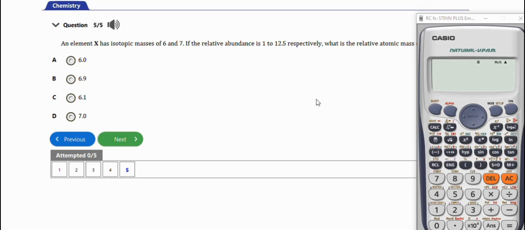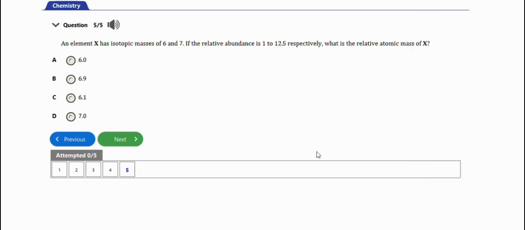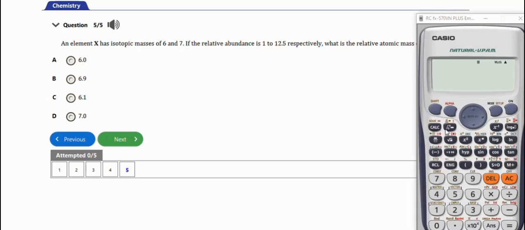So let's get the sum of this relative abundance. 1 plus 12.5 gives 13.5. Now to get the relative atomic mass of X, it will be in fraction 1 over 13.5, remember we got the sum of 1 plus 12.5, which gave us 13.5, times 6.